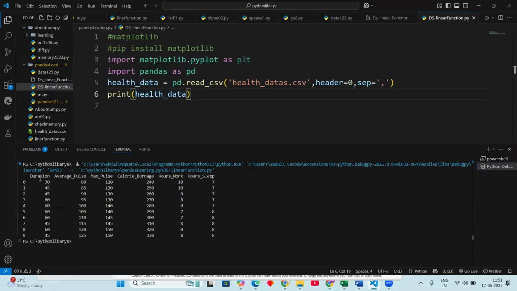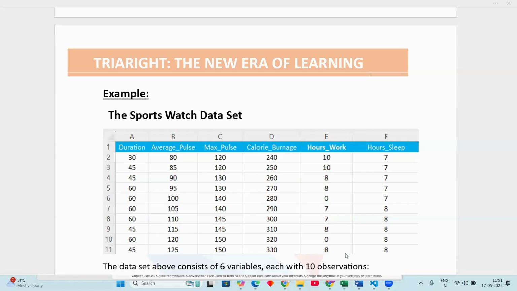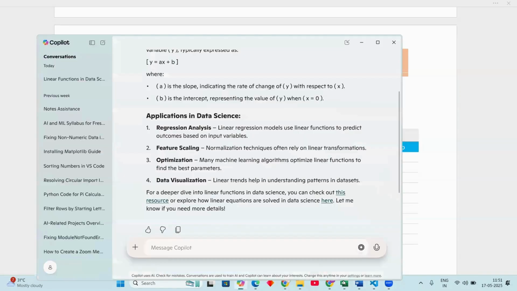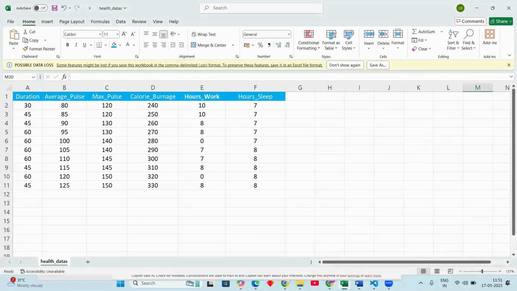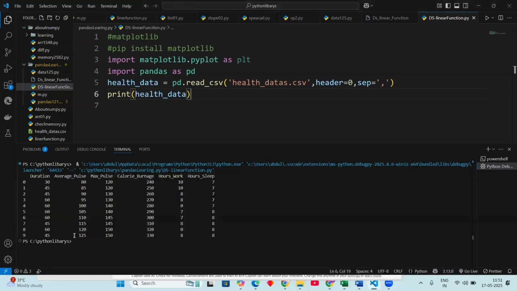See, we have the same data like this: duration, average pulse. See how it is arranged in Excel. The data is the same as arranged in VS Code, right?